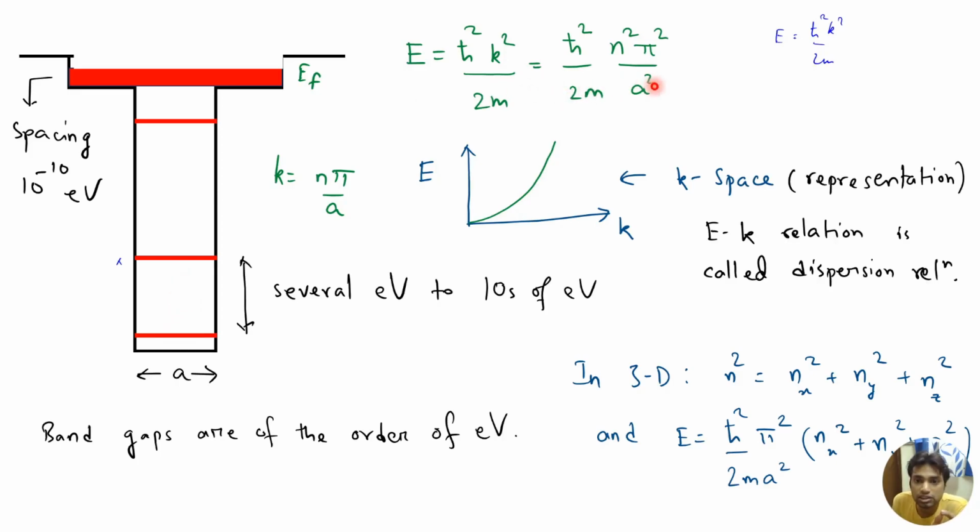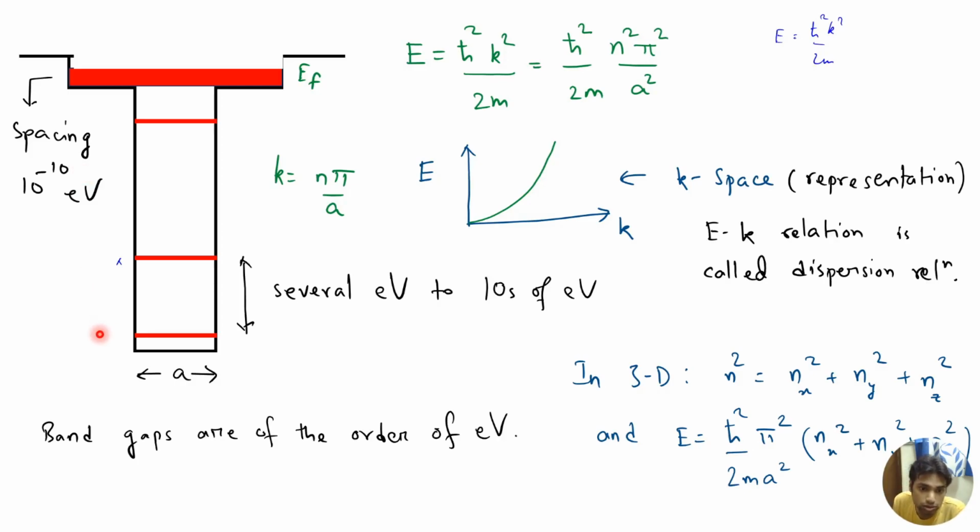And when this a is of the order of a meter, if you replace a by L, then it is of the order of a few meters, and the spacing between these k values, these energy values, will be very, very small, as small as 10 to the power minus 10 electron volts, that is very less in energy.